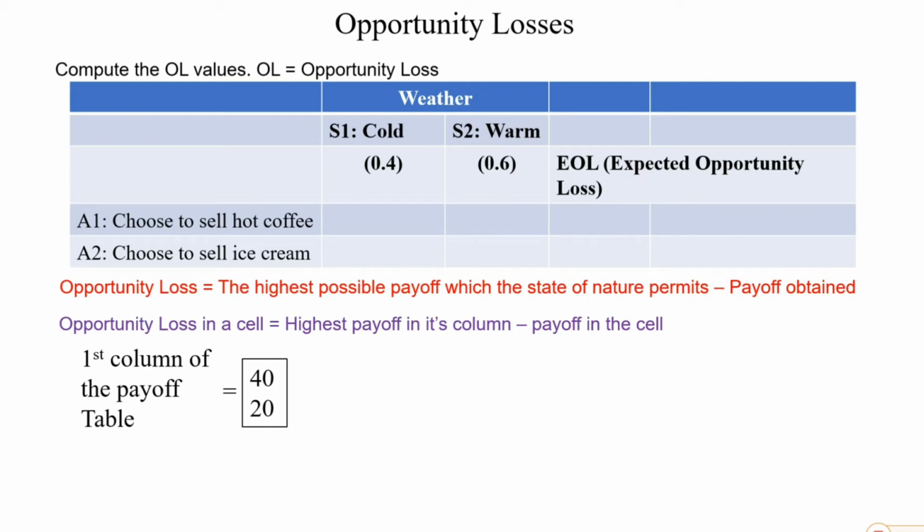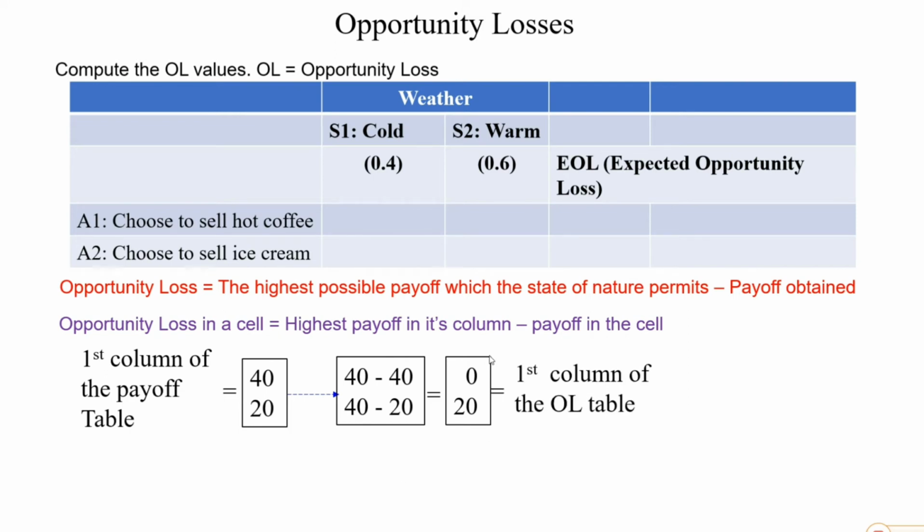If one happened to choose action A2, the payoff will be 20, 40 less than the highest. Therefore, opportunity loss values are 40 minus 40. The highest payoff is 40. If the payoff is 40, no opportunity loss. If the payoff is 20, opportunity loss is 20. So this will be the first column of the opportunity loss table.